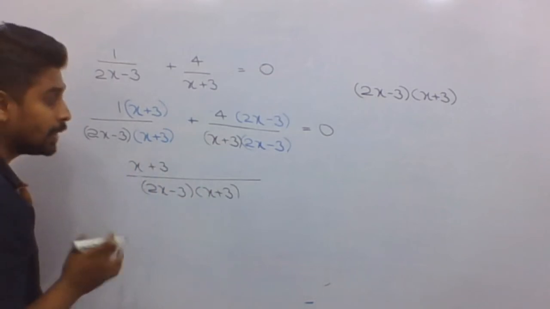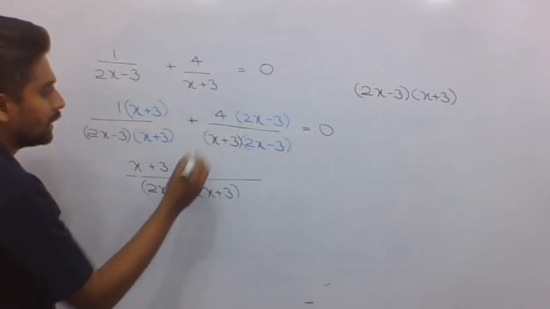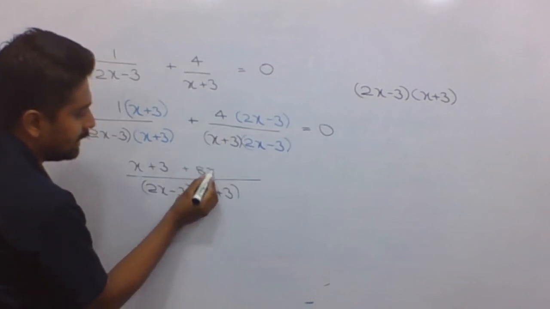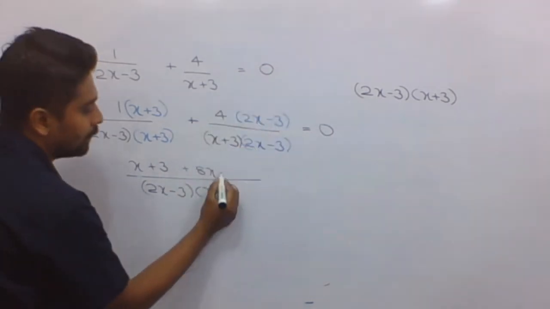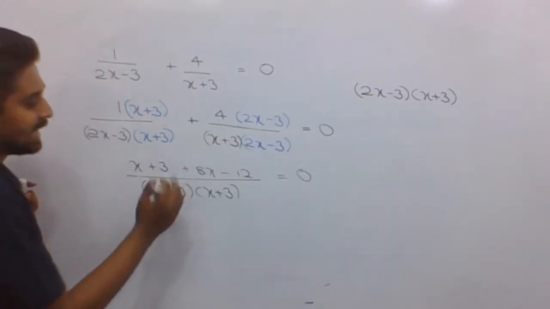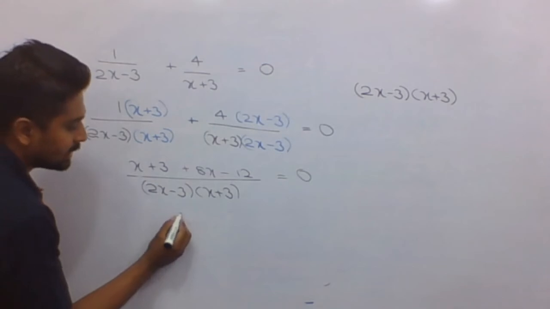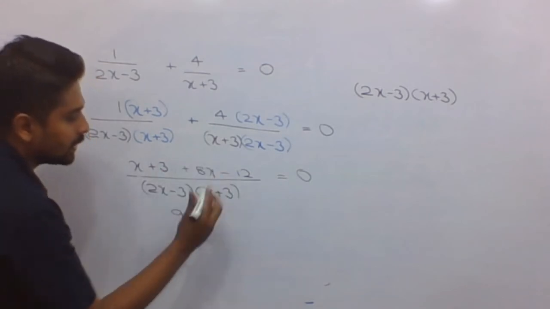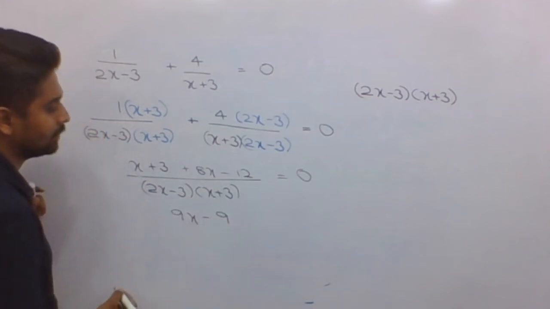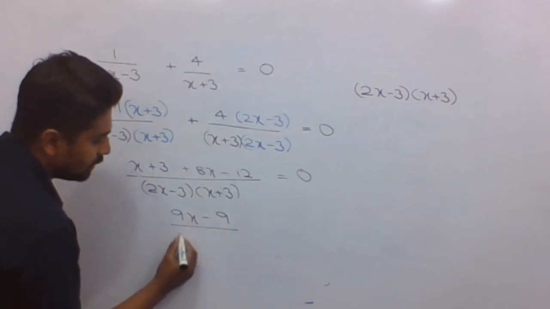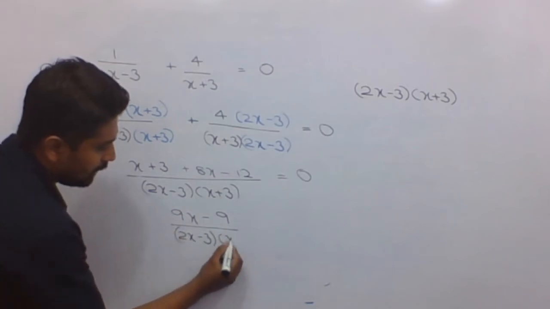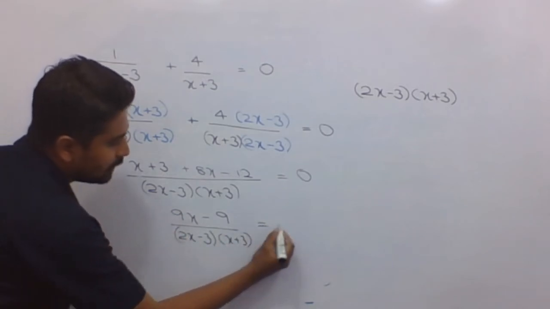We have taken it as the common denominator. Then plus 4 into 2x plus 8x, plus 4 into minus 3 minus 12, equals 0. Now simplify. x plus 8x is 9x, plus 3 minus 12 is minus 9. Right? Here 2x minus 3 times x plus 3 equals 0.